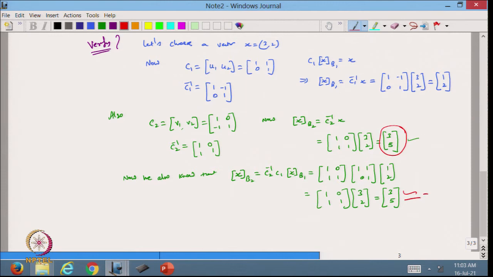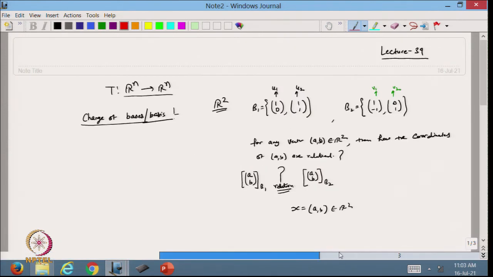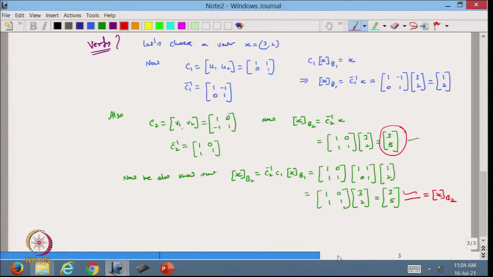So, that is equal to x with respect to B2. This way we are able to find the relation between the coordinates of the same vector with respect to different bases, because once we find the coordinate of one vector with respect to one basis, then the coordinate of the same vector with respect to another basis we can find by applying this formula directly. So, this is the relation between the change of basis matrix and the coordinate of the vector with respect to different bases.